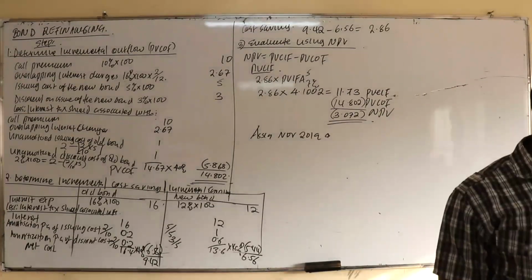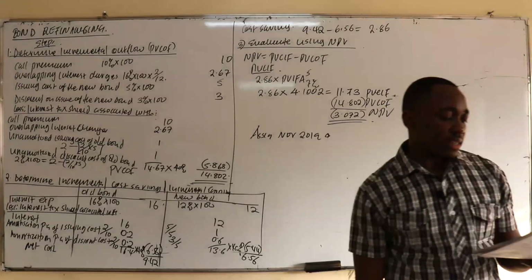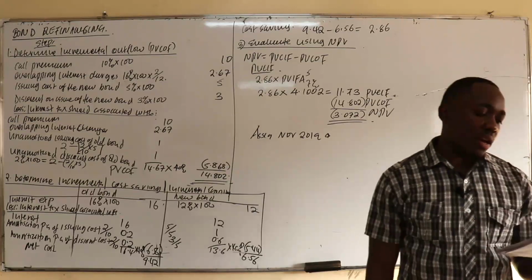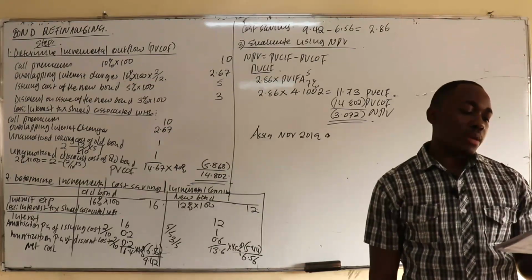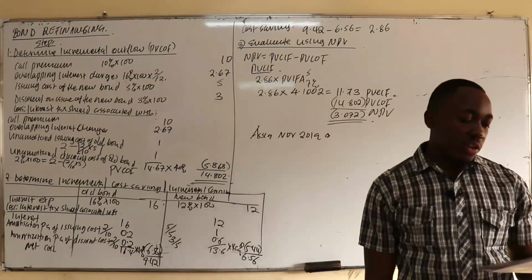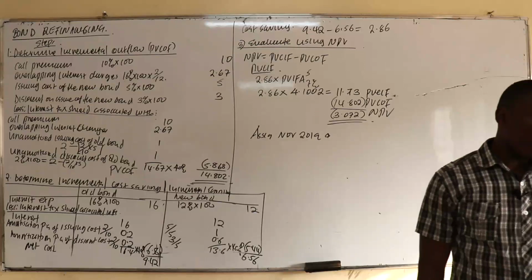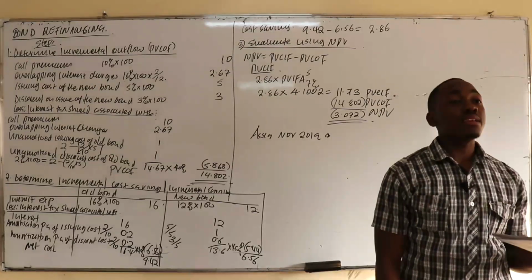A financial analyst engaged by the company to assess the possibility of refinancing the debt reports that a new shillings 100 million par value, 12%, 5-year bond could be issued by the company. Issuing cost of the new bond will be 5% of the par value, and a discount of 3% will have to be given to attract investors.